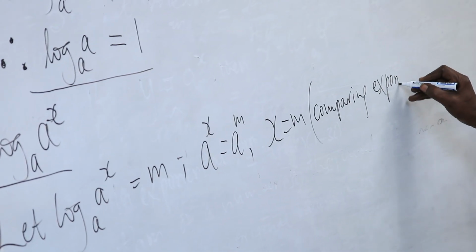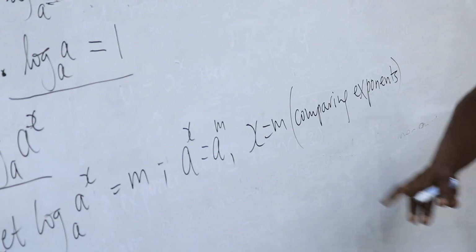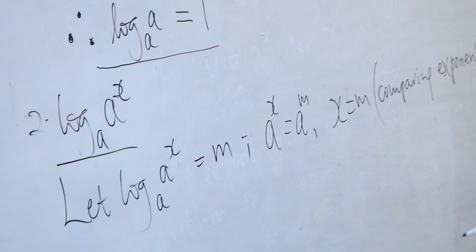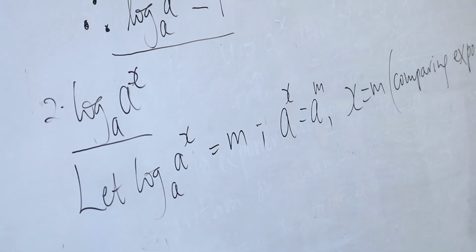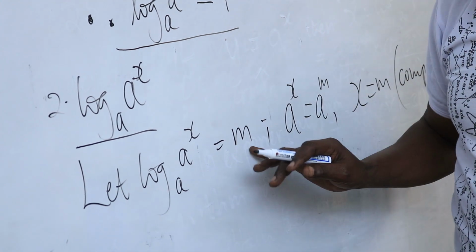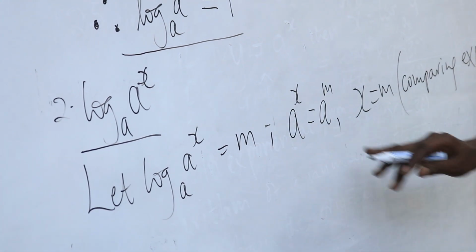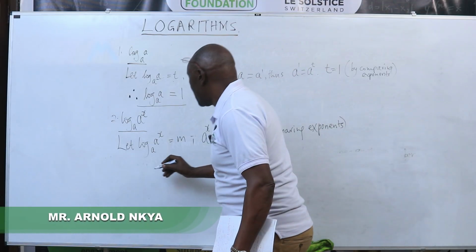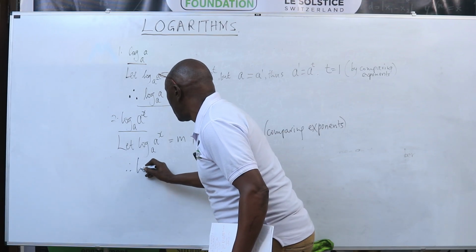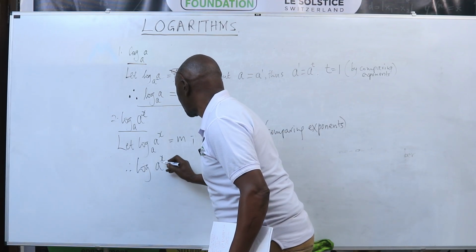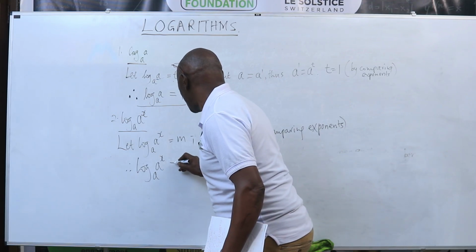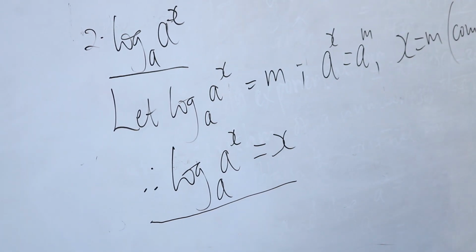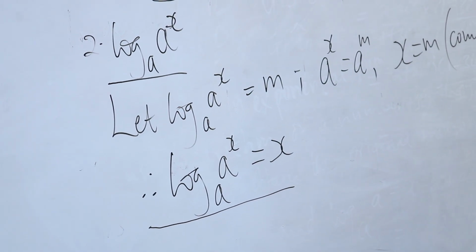Note that the base is the same, A. Therefore, since M is equal to X and log A exponent X base A is equal to M, we can substitute M for X, meaning that log A exponent X base A is equal to X. This is the second important behavior I wanted you to have noted.